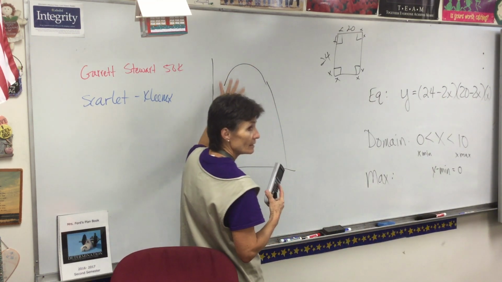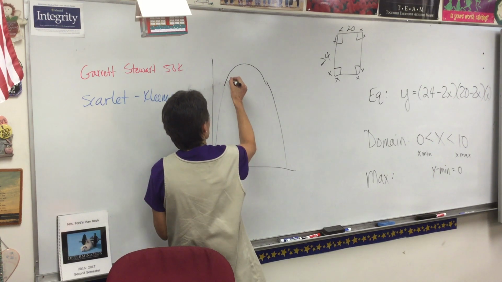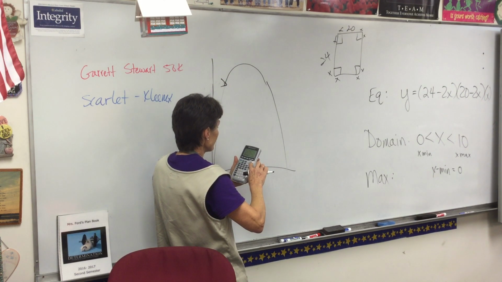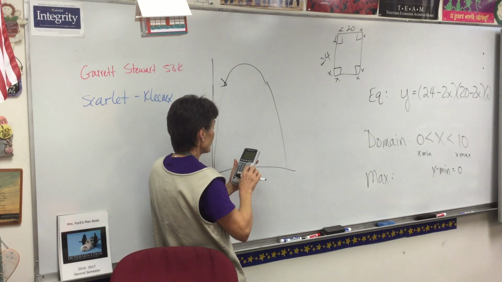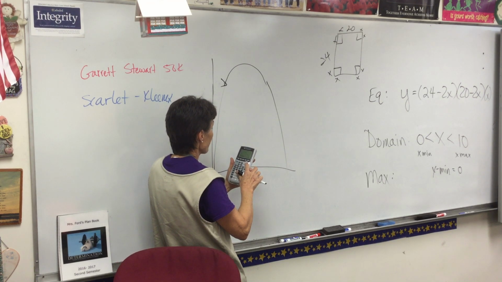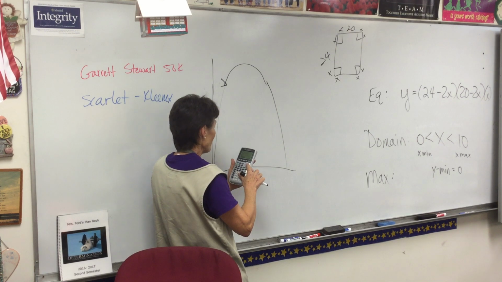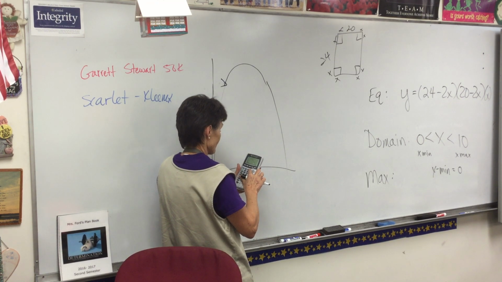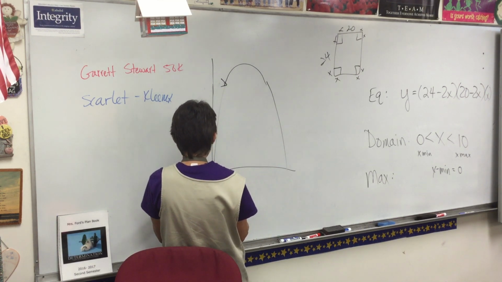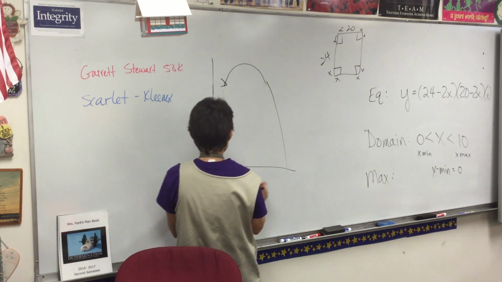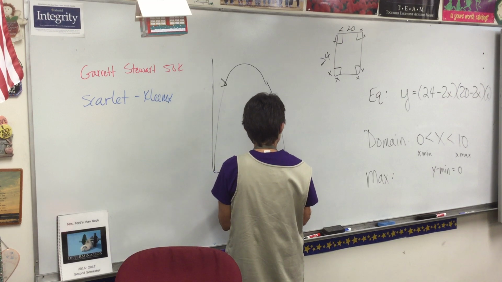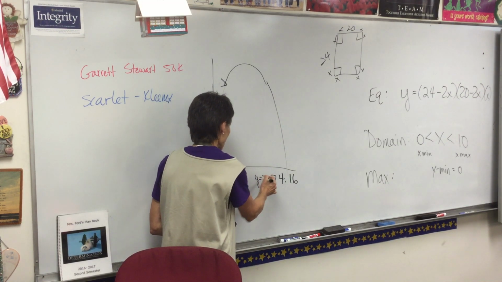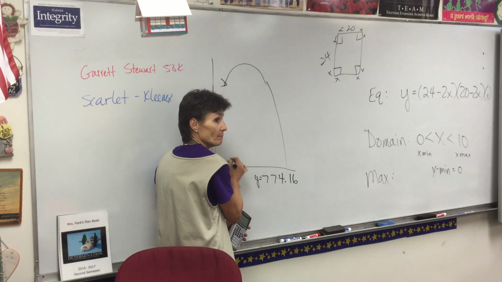Anywhere over here. Set it. Okay? And then move it to the right. Oh wait, I forgot to hit enter. And then move it to the right. Anywhere to the right. And then move it in between. And it should say at the bottom 3.62 and 774.16. Those are your X and your Y for your maximum, right?